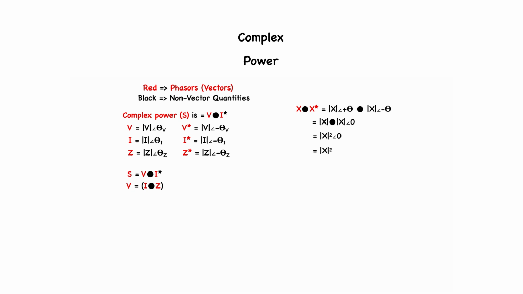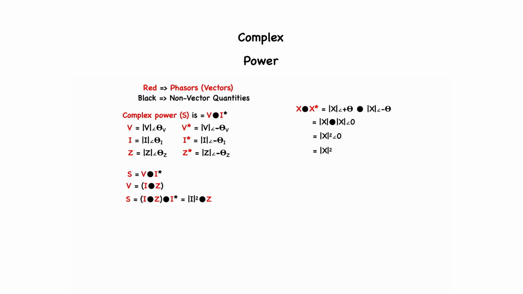Now we have the phasor I times the phasor Z times the conjugate I, and that is equal to, from our previous calculation in the upper right hand corner, if you remember, that any phasor times its conjugate is the square of that magnitude. So S can also be described as I magnitude squared times Z, which is a phasor.